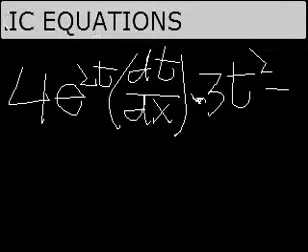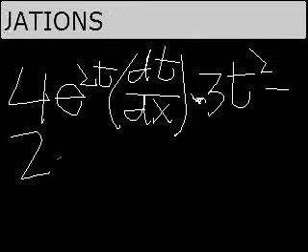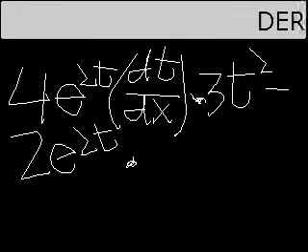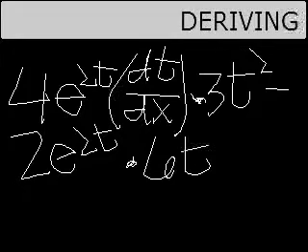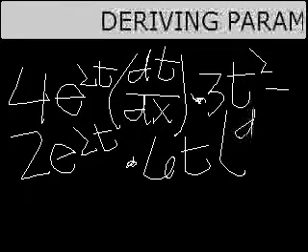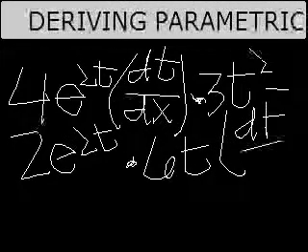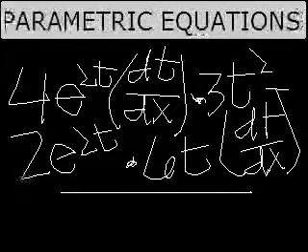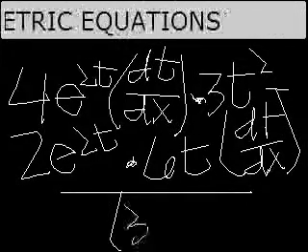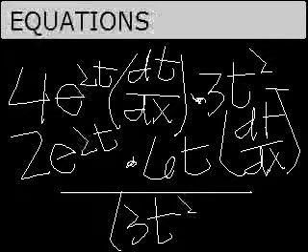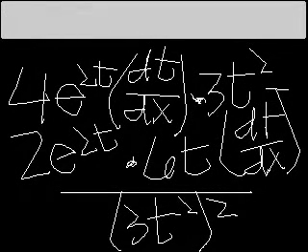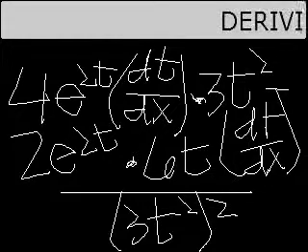Minus, this is gonna get messy, 2e to the 2t times 6t, and then it's a derivative, so multiplied by dt over dx, all over 3t squared, squared. Hopefully you can kind of read that.